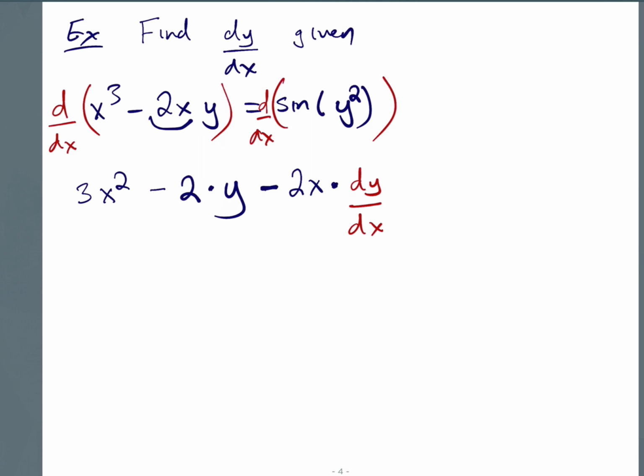Now a lot of students get confused and, for example, say, well, why isn't there a dy over dx right there? Can somebody tell me why there is not a dy over dx there? Because we did not take the derivative of y at that point, right? Why is it that you multiply by dy over dx?